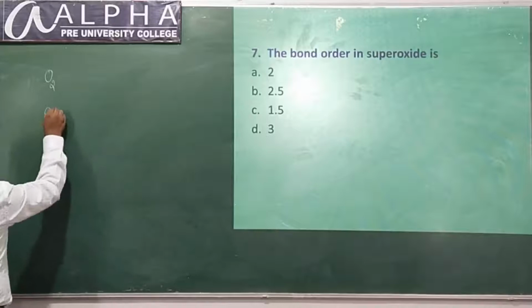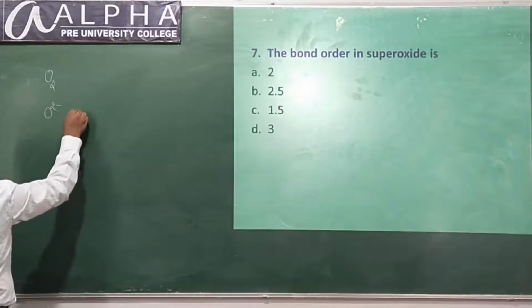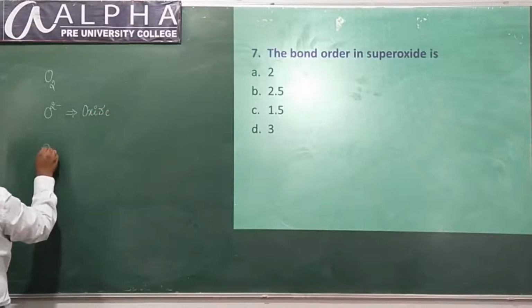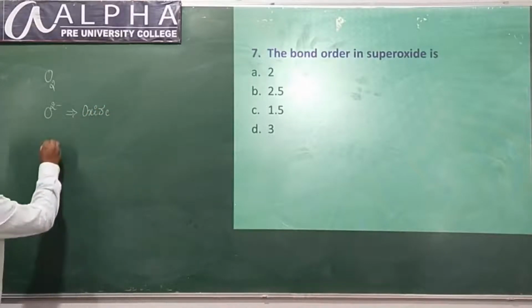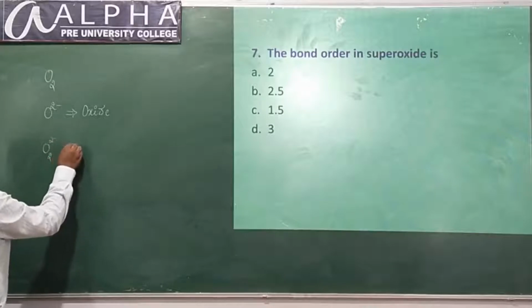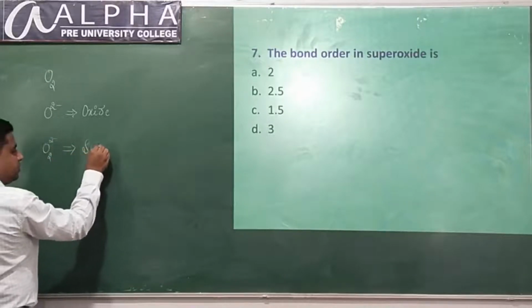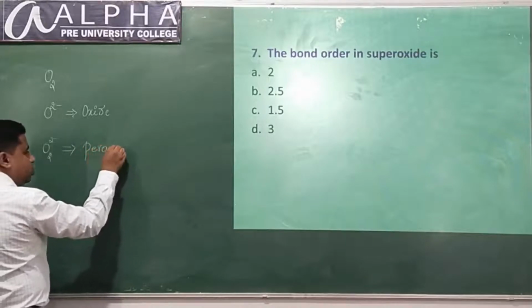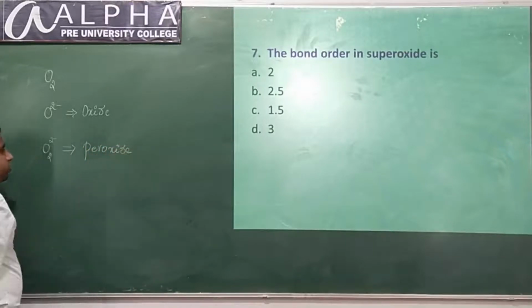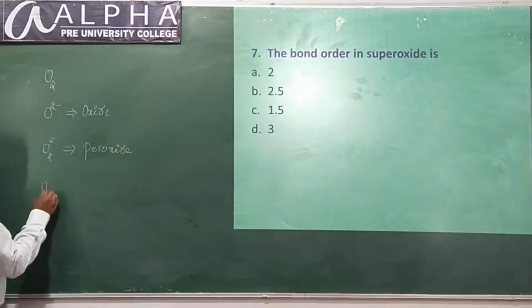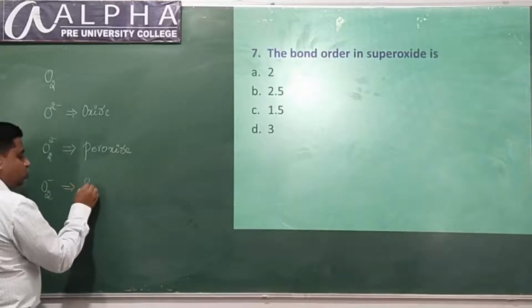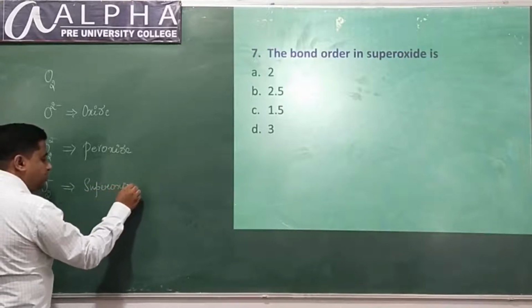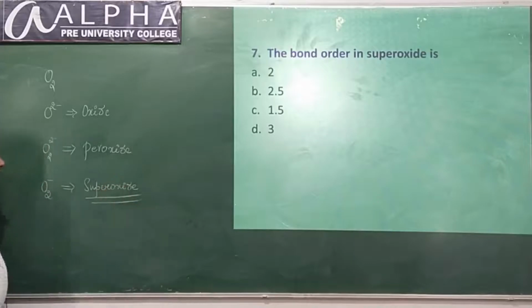O2 2 minus is peroxide. O2 minus is superoxide. Are you getting my point?